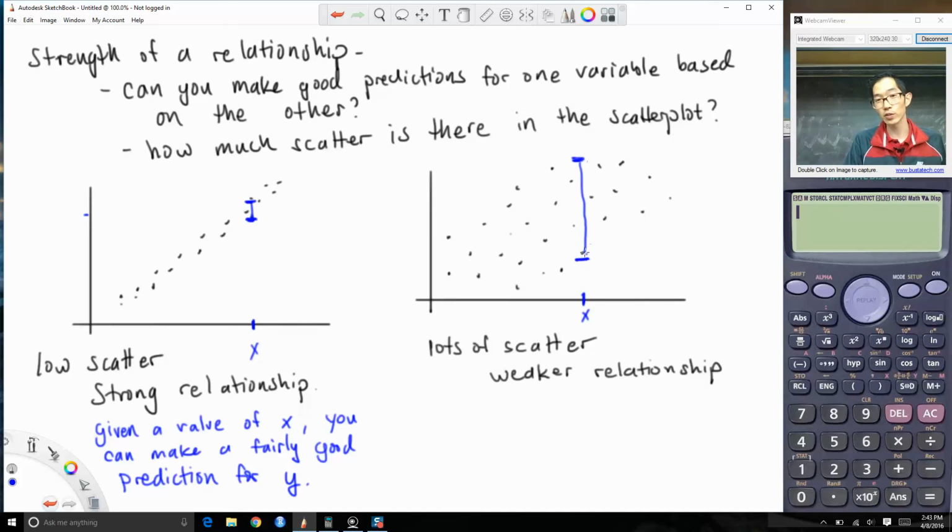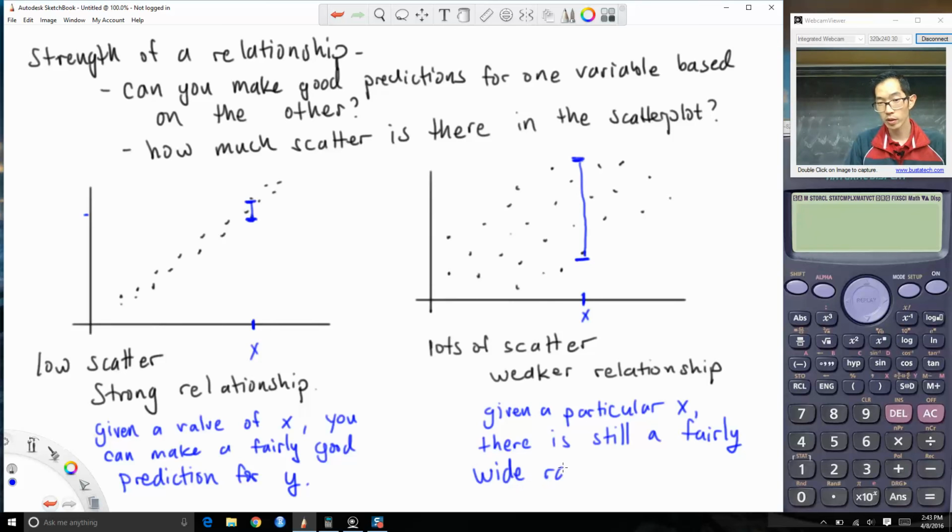The range of values for y is kind of this much wider thing, right? So given a particular x, there is still a fairly wide range of possible y's. So that would be a weaker relationship.